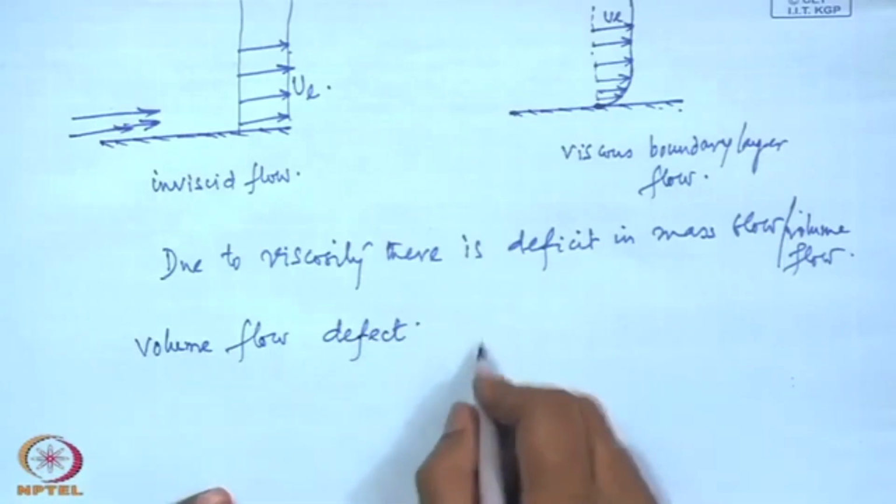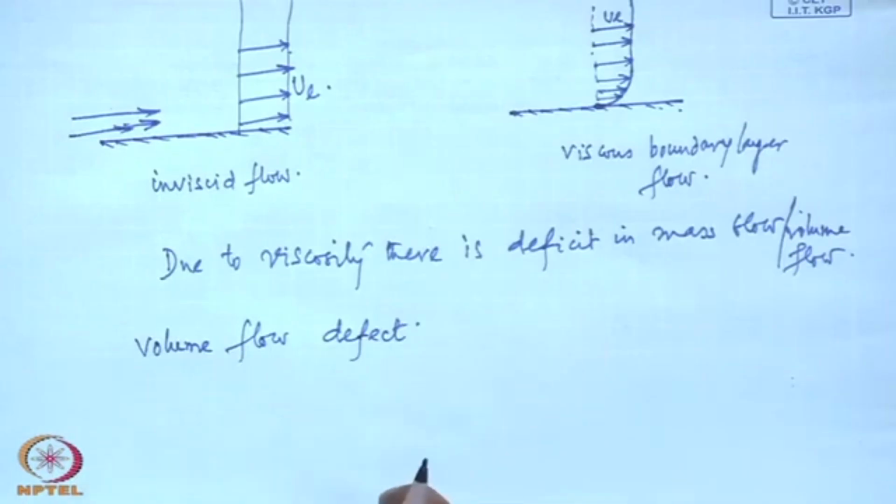Consider only the thickness of delta E, because above delta E it is again the same. So, there is no difference, that part will be the same. Only up to delta E there will be a difference.